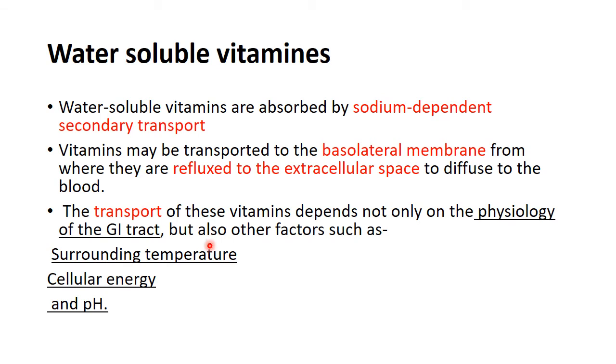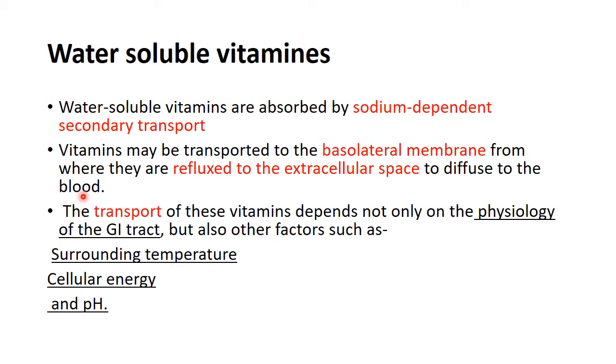So it is a water-soluble vitamin. All water-soluble vitamins depend for absorption on sodium-dependent secondary transport. The vitamins may be transported to the basolateral membrane and reflux to the extracellular spaces, and from the extracellular spaces they diffuse to the blood.